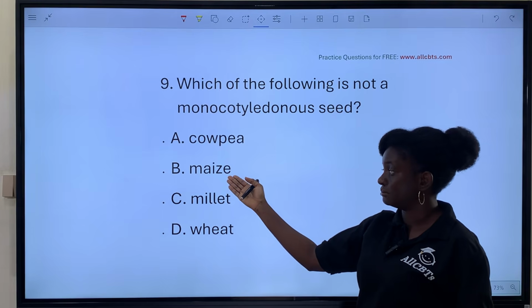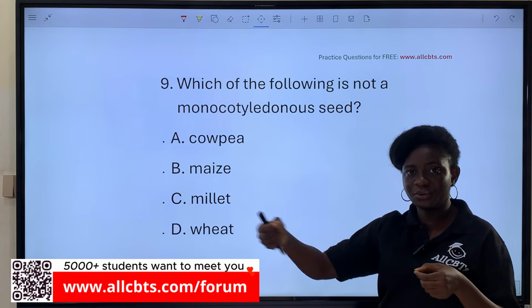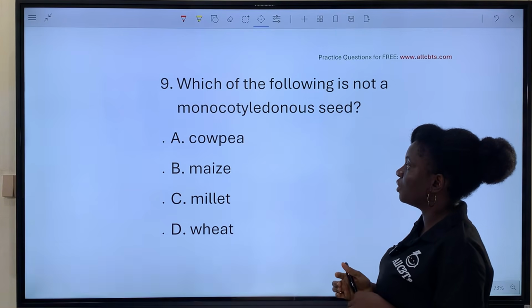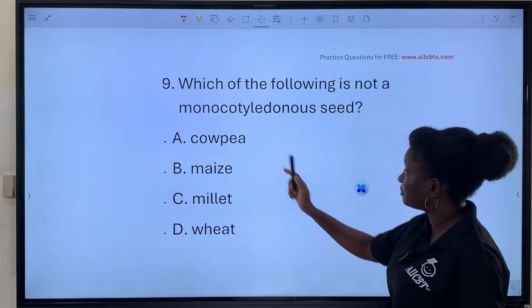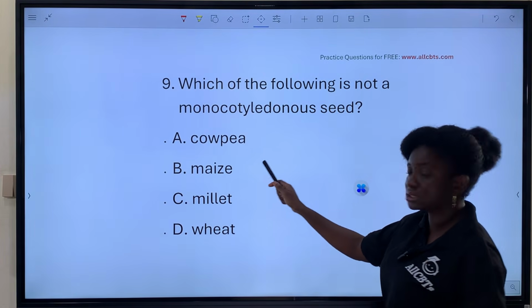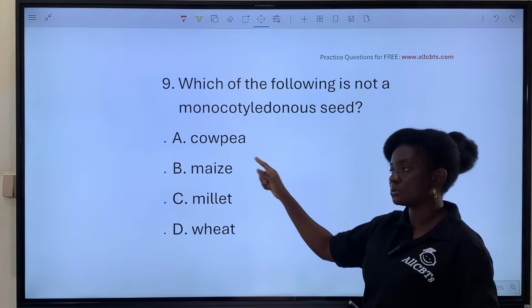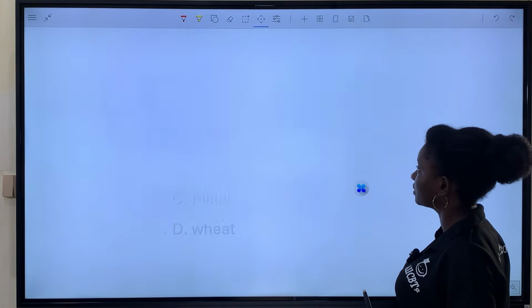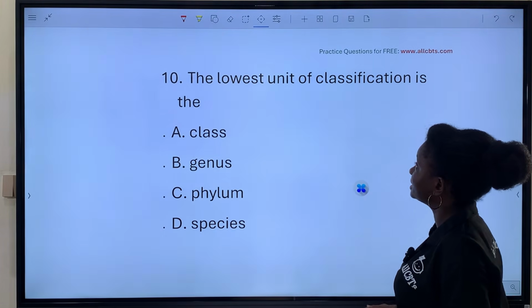Question 10. The lowest unit of classification is A, class, B, genus, C, phylum, D, species. When we look at the order of classification, I'm starting from the lowest. So let's follow through.